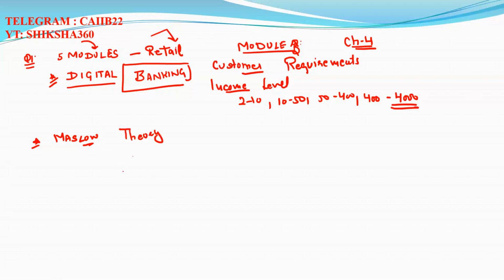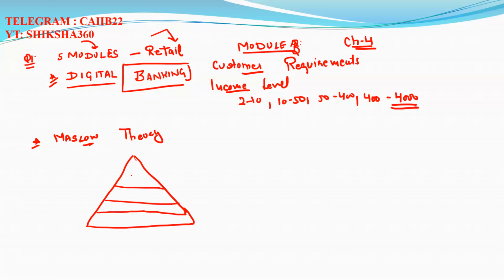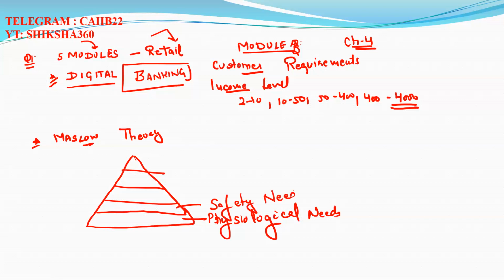There are 5 needs. First one is physiological needs. Second one is safety needs. Third one is social needs.